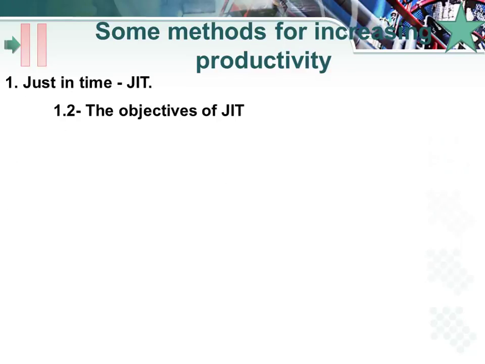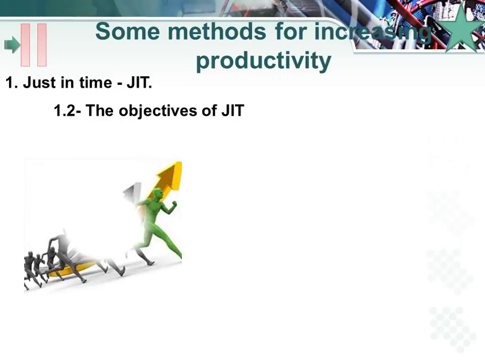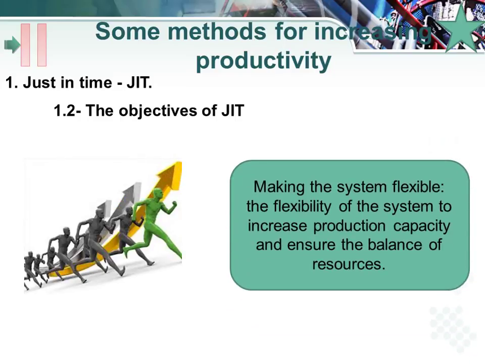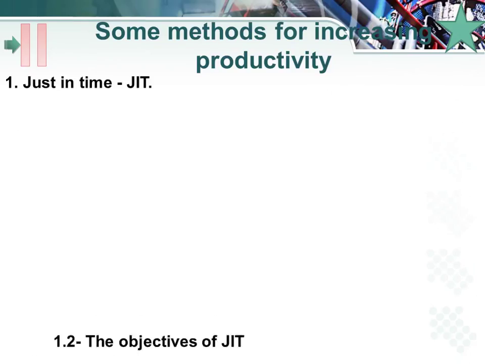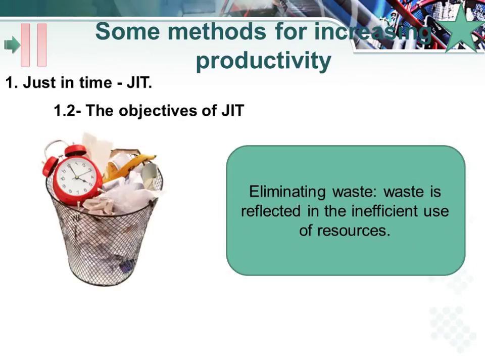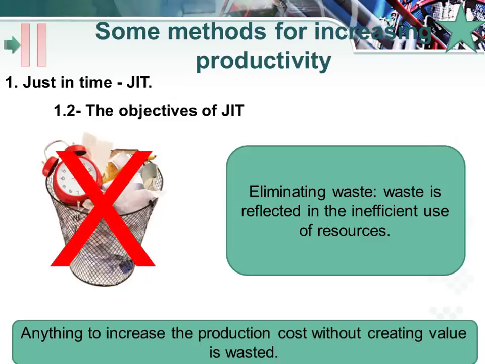Another objective of JIT is making the system flexible. The flexibility of the system is to increase production capacity and ensure the balance of resources. It also eliminates waste. Waste is related to the inefficient use of resources.